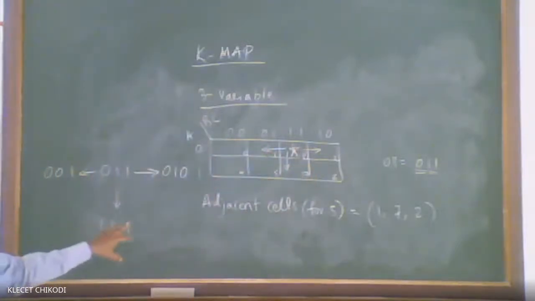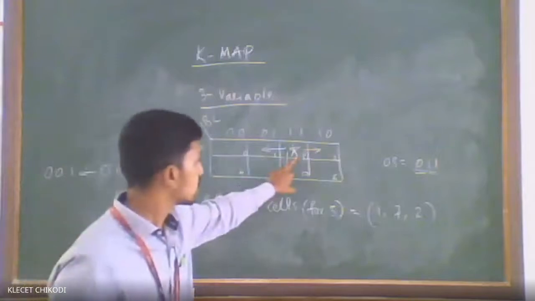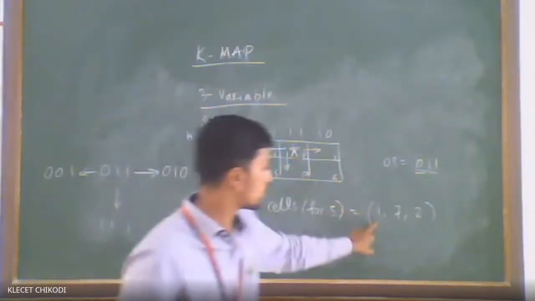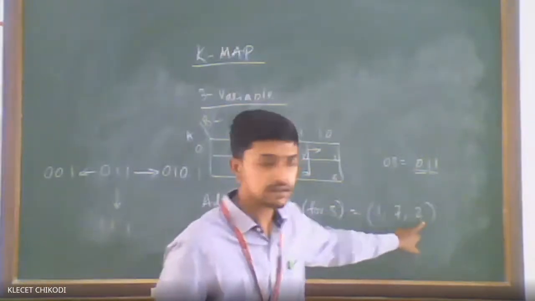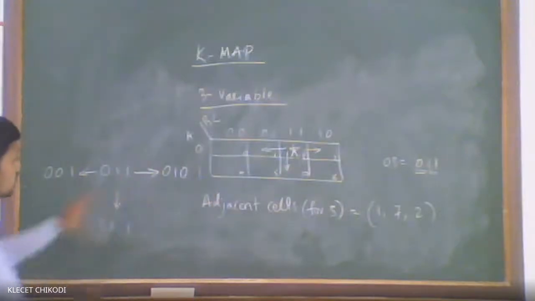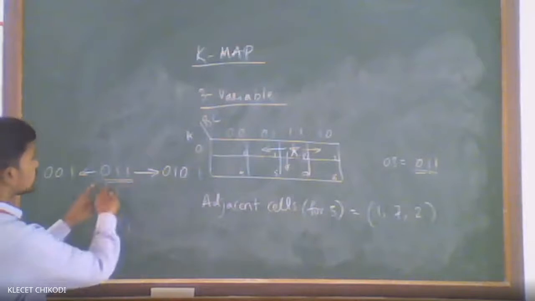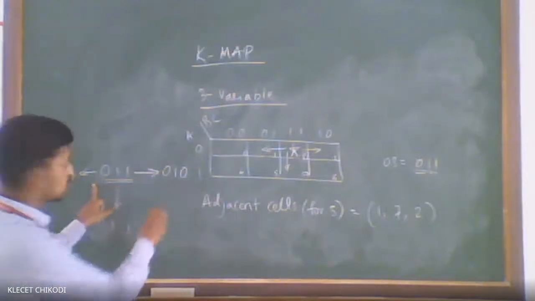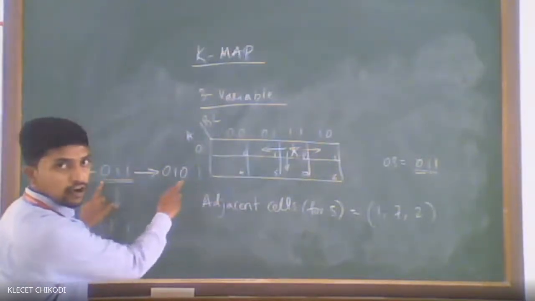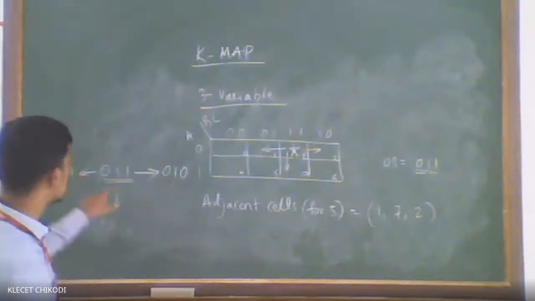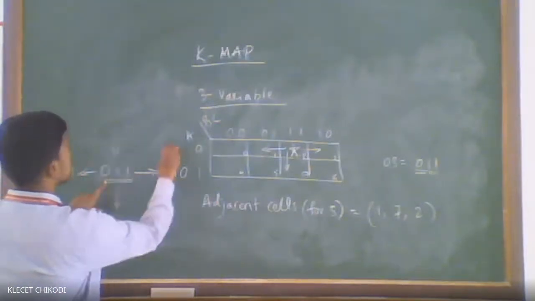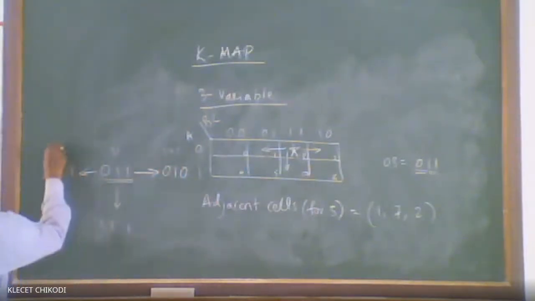Why we call the third cell logically adjacent to first, seventh, and second is because we can see, when considering the binary numbers, that if you check 2 cells at a time, this will be 3, this will be 2, and this is for 1.